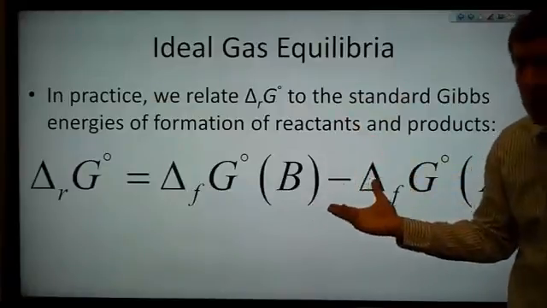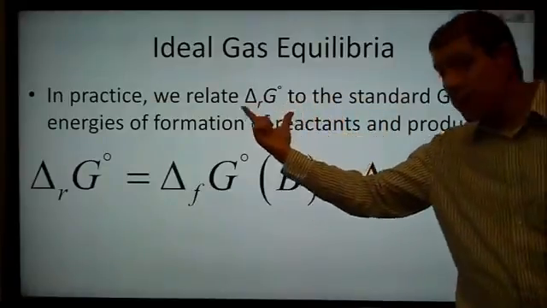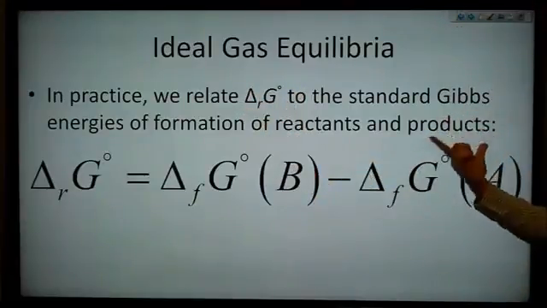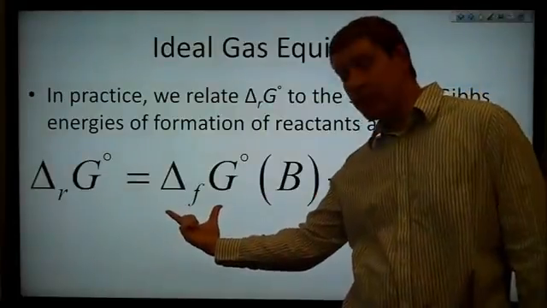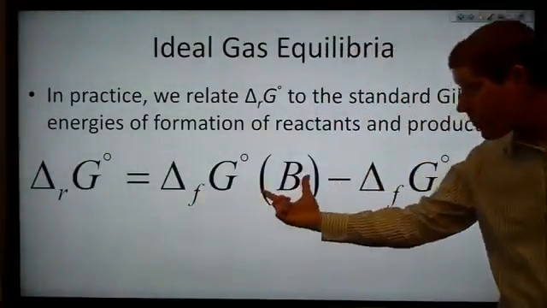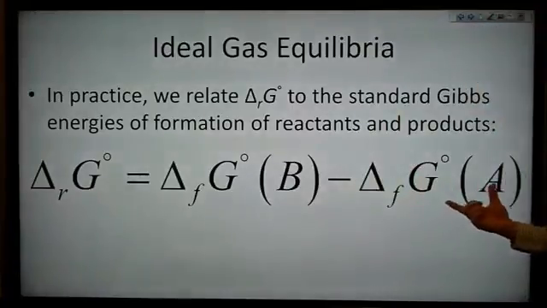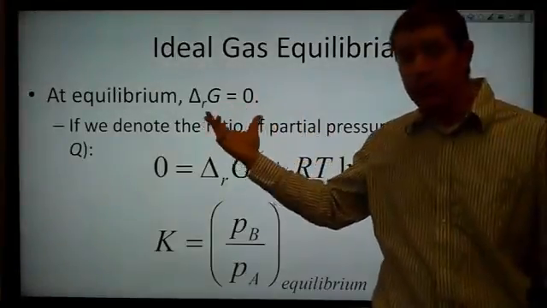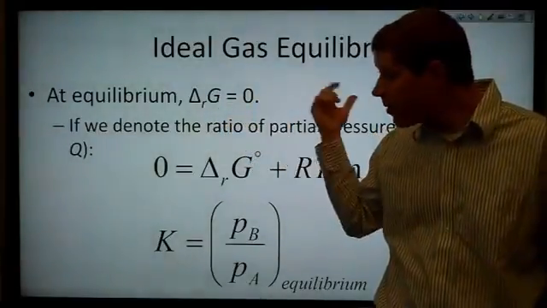In practice, we relate the standard Gibbs energy of reaction to the standard Gibbs energies of formation of our reactants and products, which we symbolize here as delta F G naught of B and delta F G naught of A. And at equilibrium, our Gibbs energy of reaction is 0.